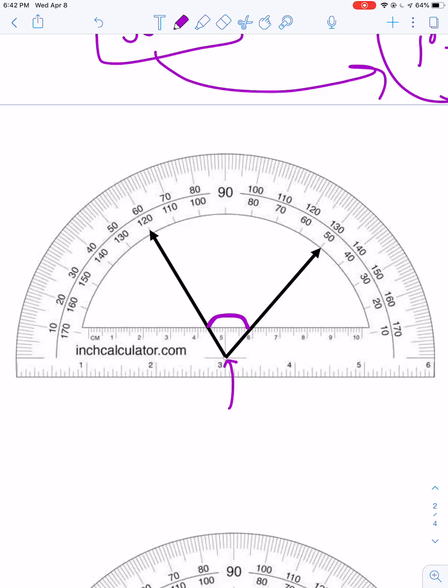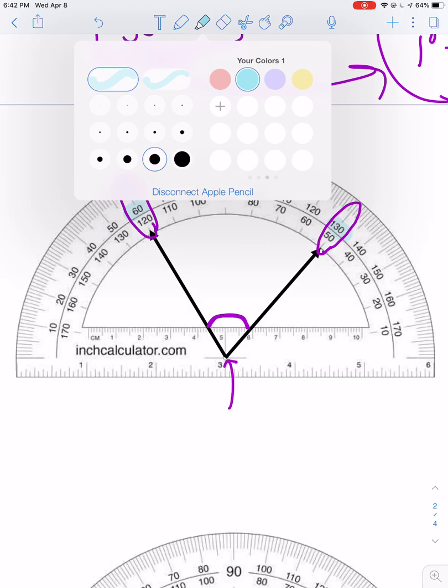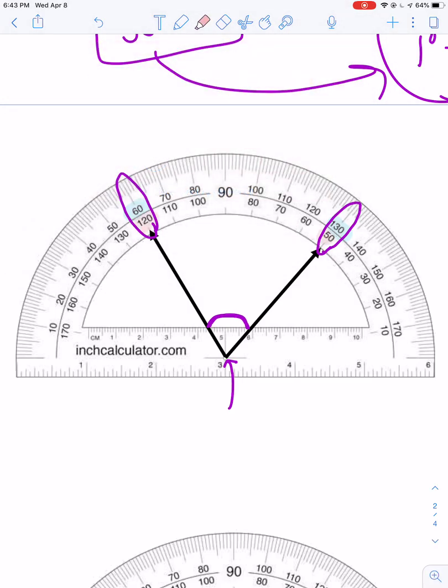So I'm going to do two things. I'm going to look at the numbers that each one is pointing at. Now I can solve this two different ways. I have my top number and I have my bottom number. If I find the difference between the numbers, I'll find the space or the degrees that this measures.